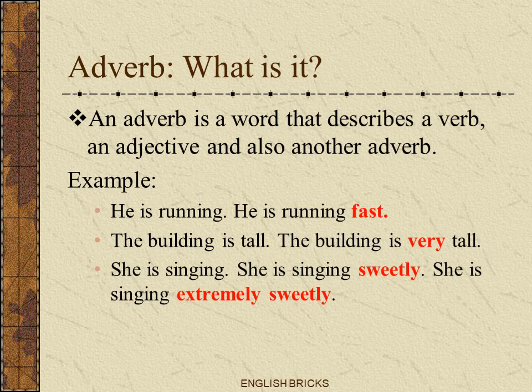So, in short, let us try to understand an adverb is a word that describes or gives more information about a verb, about an adjective, and also about another adverb. So, more about adverb later on, but for now, I am sure this is good enough.